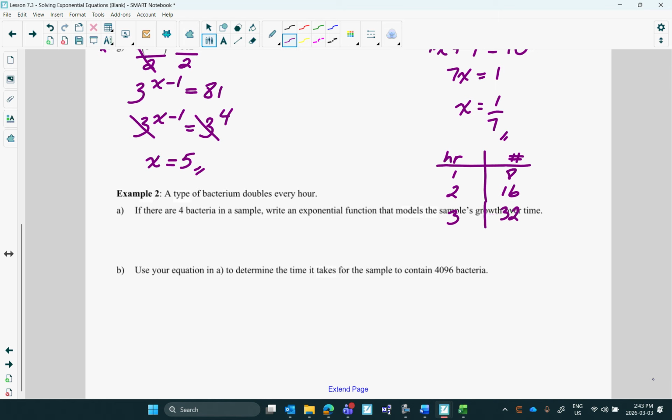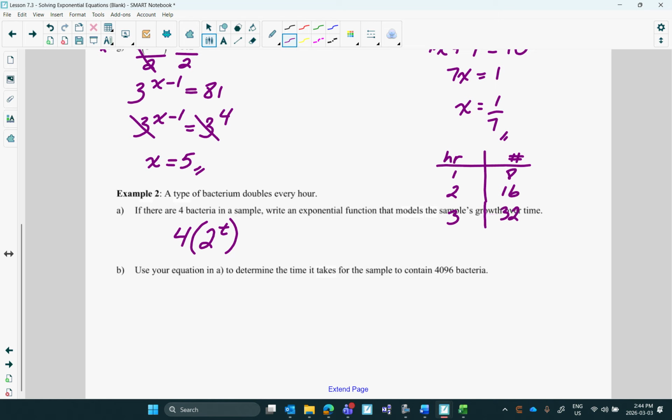How many do I start with? 4, and then I times by 2 to the t. Right? Because if it's 1 hour, it only doubles once. So 4 times 2 is 8. If it's 2 hours, it doubles twice. 4 times 4 is 16. So that's what the expression should look like.